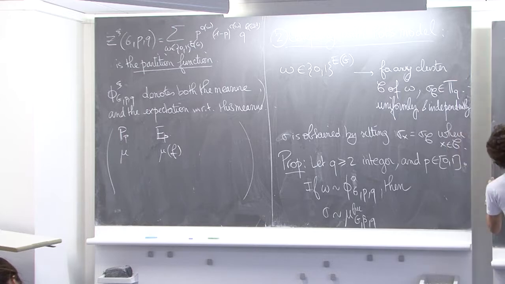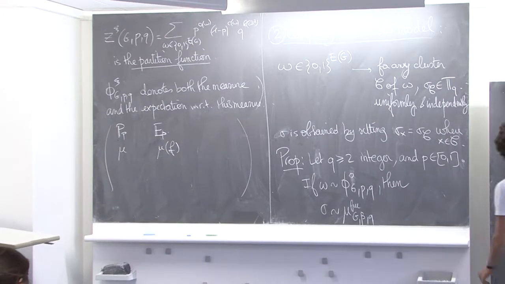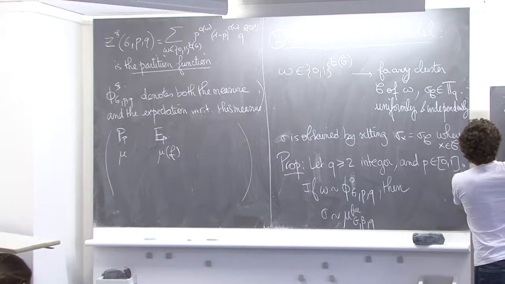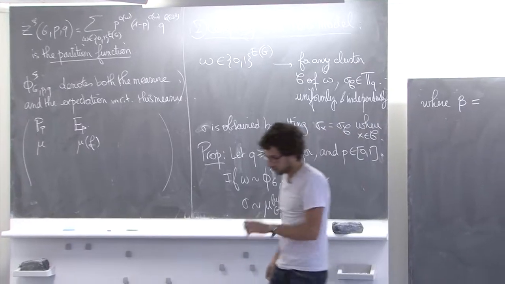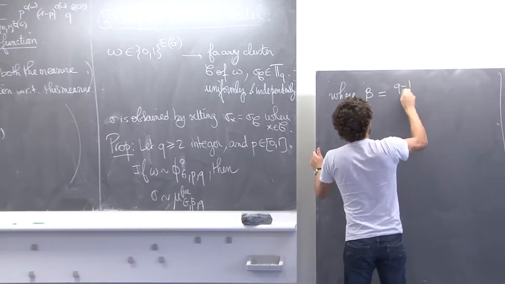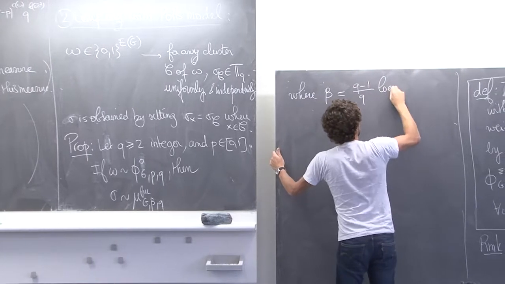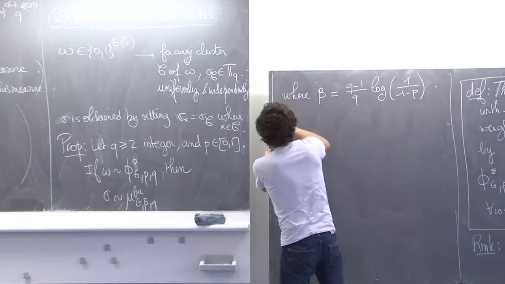And I need to tell you what beta is, where beta is equal to (q minus 1) over q times log of 1 over (1 minus p).